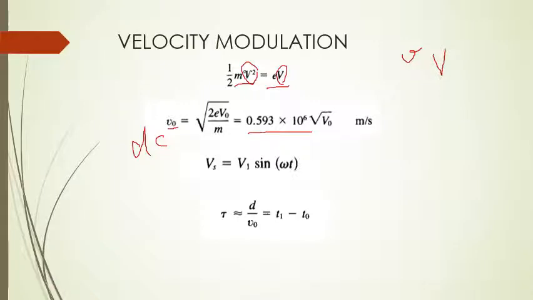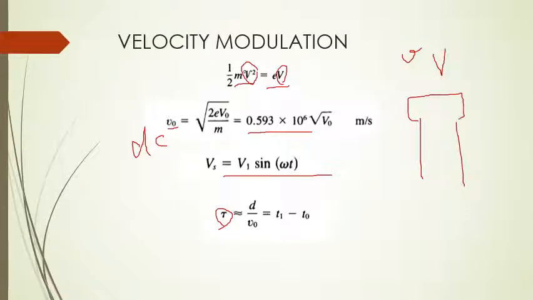The signal which you are going to amplify will be Vs. An AC signal, Vs is equal to V1 sine omega t. What is tau? Tau is transit time, the time taken for the electrons to move within the cavity gap.